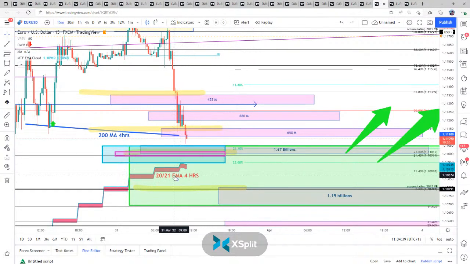In between we have the 20/21 EMA on the 4 hours that will give some bounce, and the 21 and 23.6 fibs, 21 and 23.6 inside volume fibs. So we have everything to stop the price in its free fall that we had since the morning.